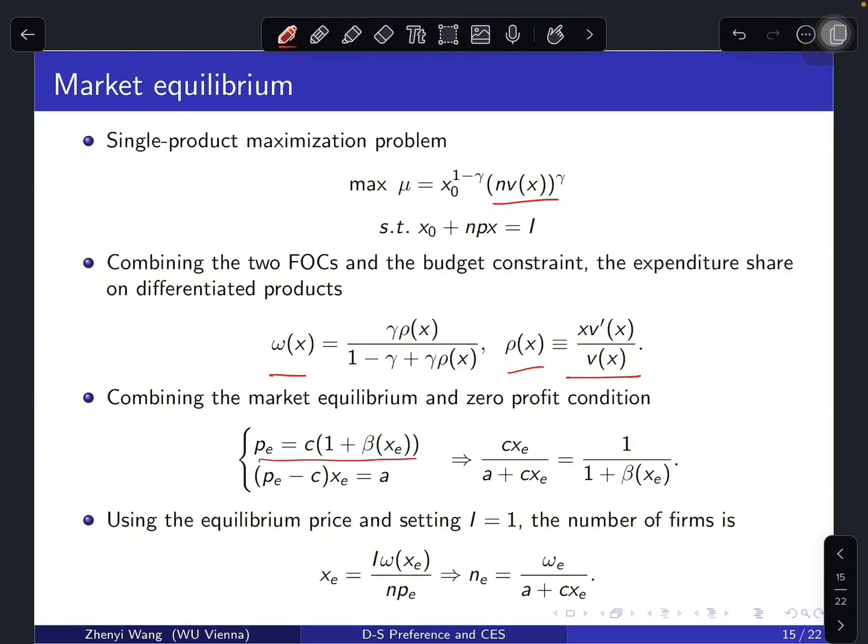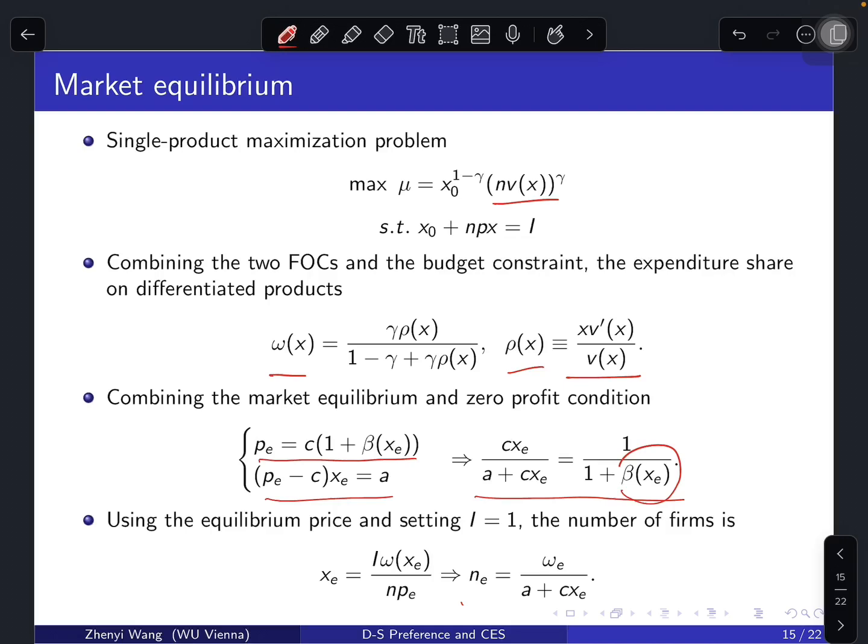Then the equilibrium price and the zero profit condition together determine the equilibrium demand. In the Cobb-Douglas case, we can only write the equilibrium demand in this implicit form. Here beta is now a function of the demand, which allows the elasticity to adapt to different levels of demand, and it reflects real-world behavior when substitution patterns vary with consumption.